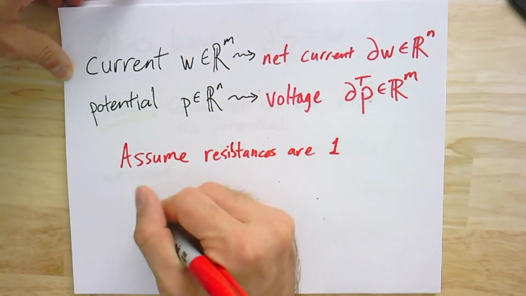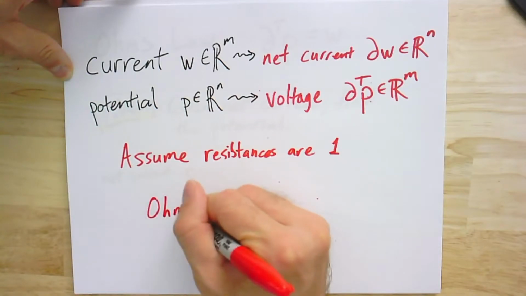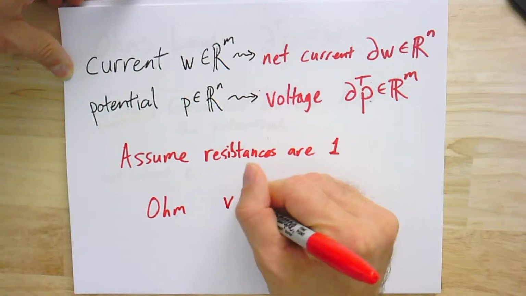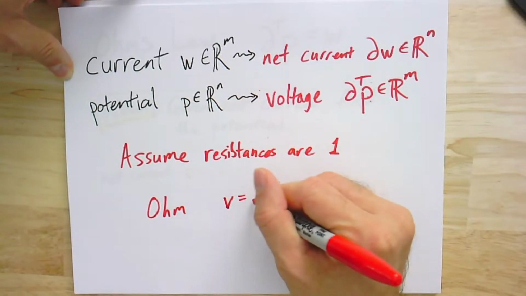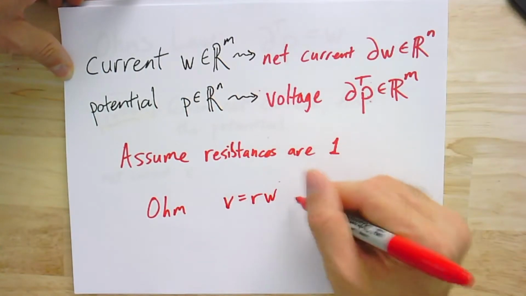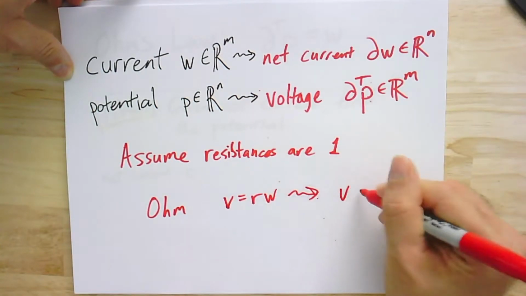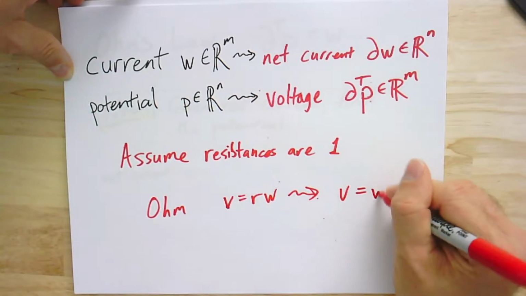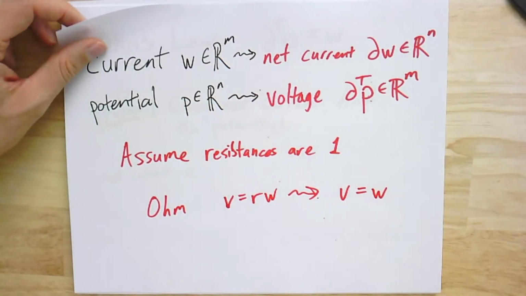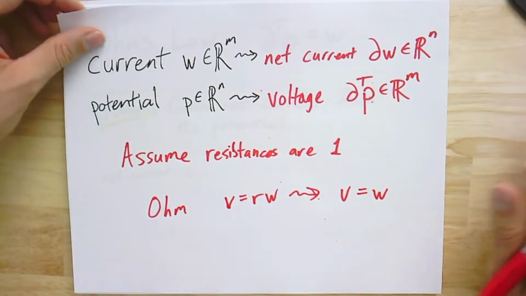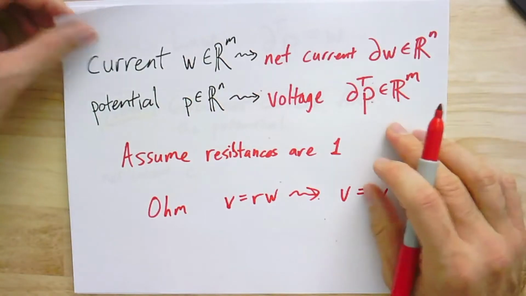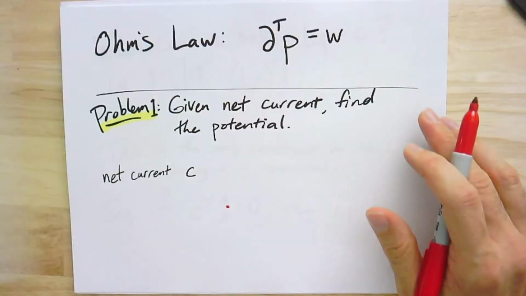So Ohm's law in this case is going to be just, instead of voltage equal to the resistance times the current, the voltage is equal to the current. All right. So using these transformations, we can rewrite Ohm's law.